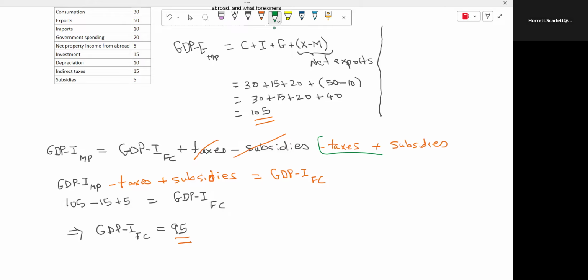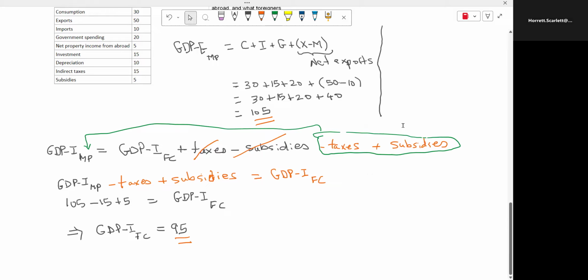Therefore, the taxes and the subsidies, how we treat them on this side of the equation, we're going to treat them in a similar manner on the other side of the equation. And that's why we ended up with what we got. All right, so I think that should be clear in terms of understanding how to move between factor costs and market prices.